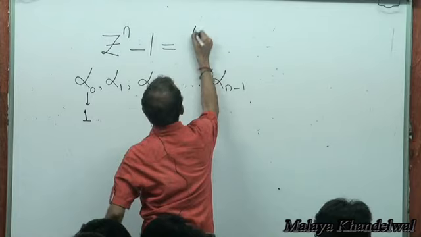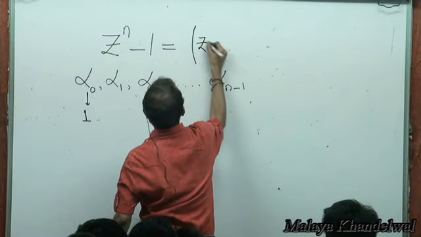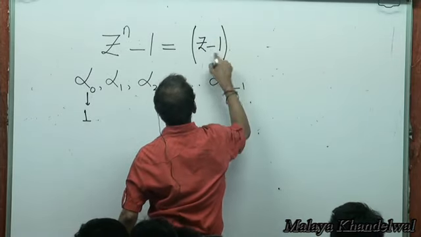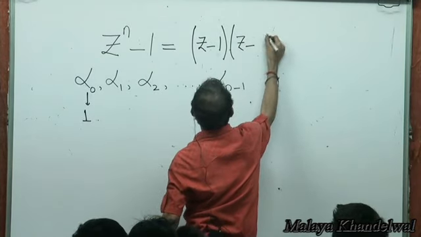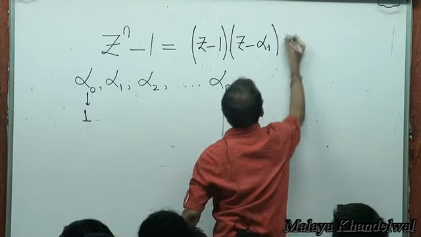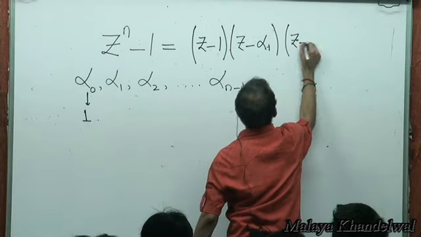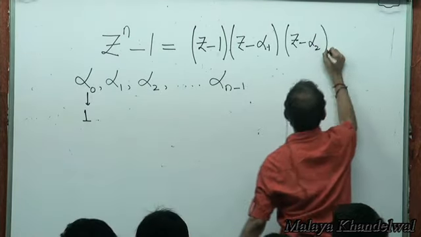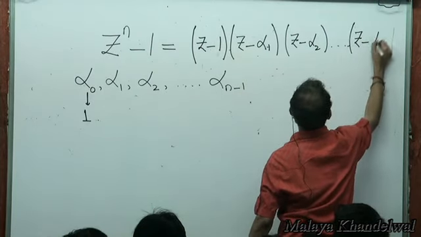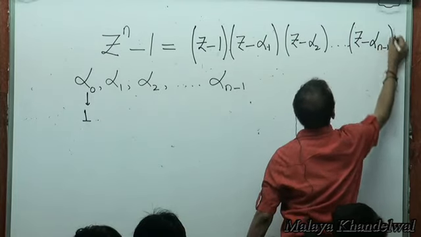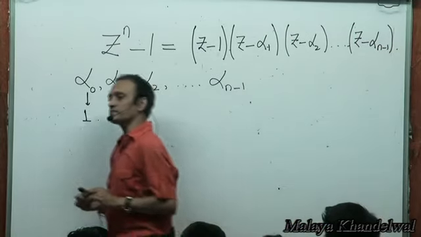So this could be factored into z minus 1, which is alpha naught, into z minus alpha 1 into z minus alpha 2 into z minus alpha n minus 1, right? These are the factors of z power n minus 1.